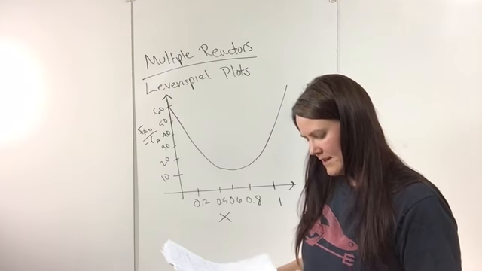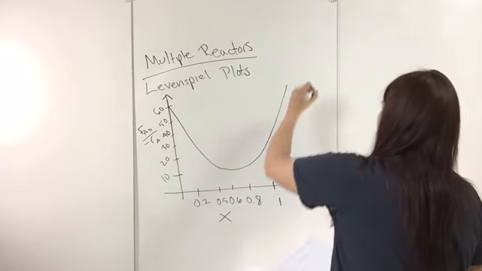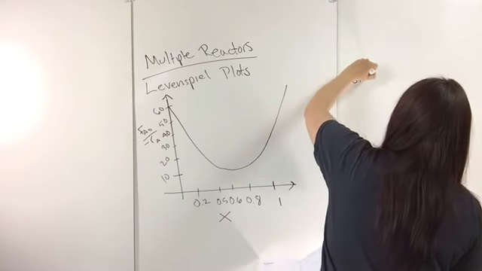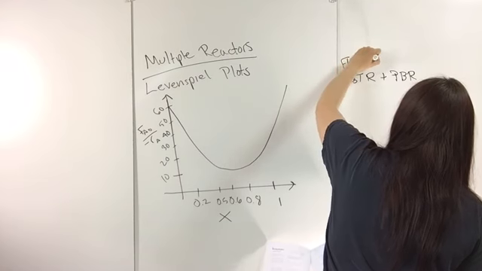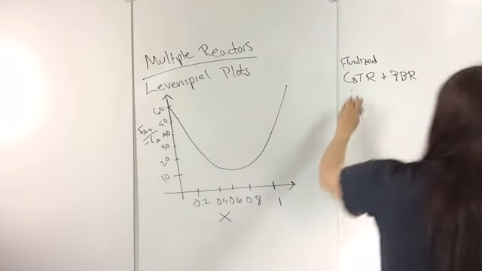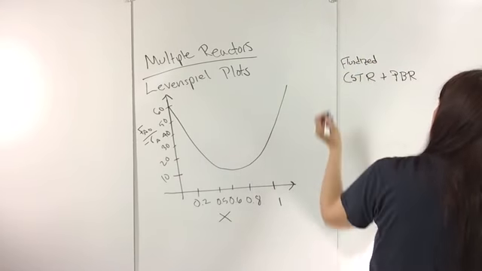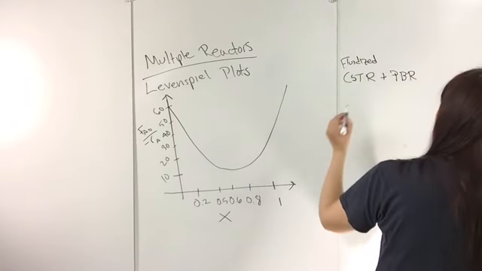So you have a CSTR plus PBR, and this is a fluidized CSTR, so it has catalyst in it. It says arrange them in a way that you need the smallest amount of catalyst for 80% conversion. So here's 80%.